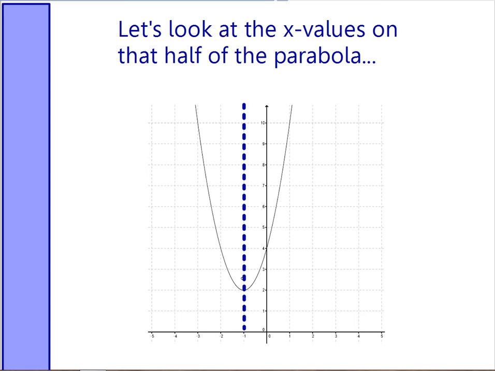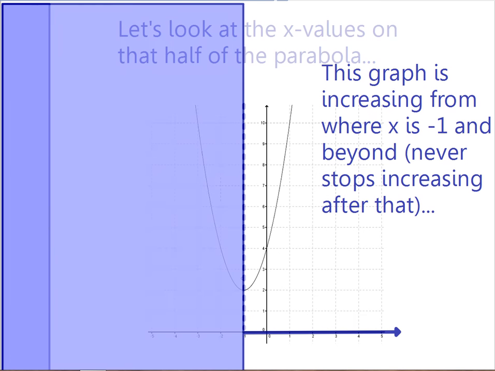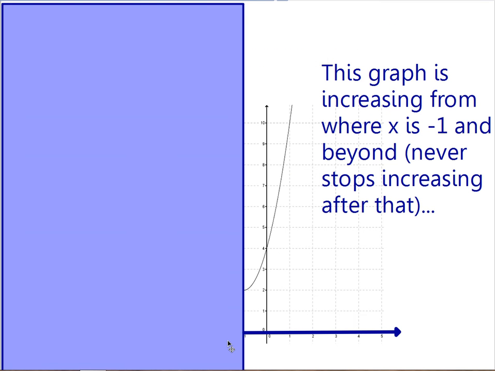So if I look at the x values on the right half of my parabola, I'll have my interval. So this starts increasing, or in other words, my vertex is where x is -1. Everything from there forever to the right, there should be an arrow on the end here because it's going to increase forever.